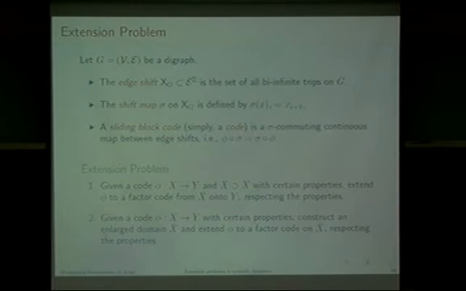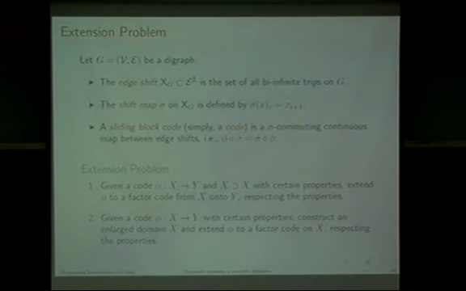So there are many results about extension problems, and some extension problems for certain classes of edge shifts are proved using the approach of dynamical systems, or proved using differentiations and so on.